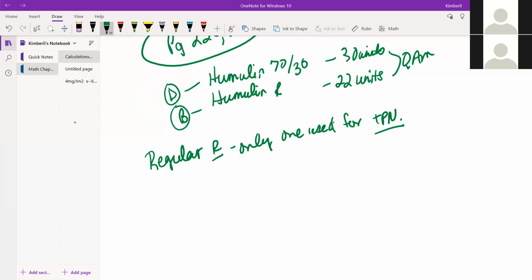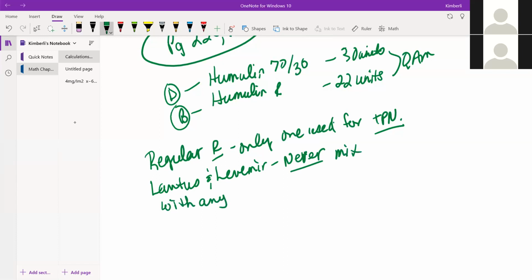So when you see long-acting in the middle of the page on page 221, the Lantus and the Levemir, it can never be mixed with any other insulin. Okay, so that's a big deal right there.